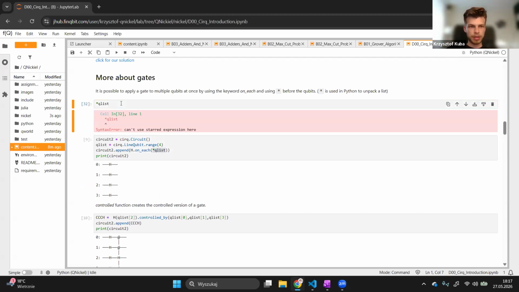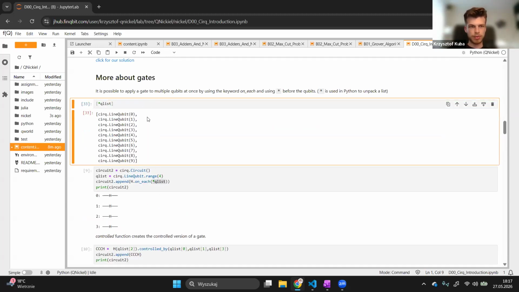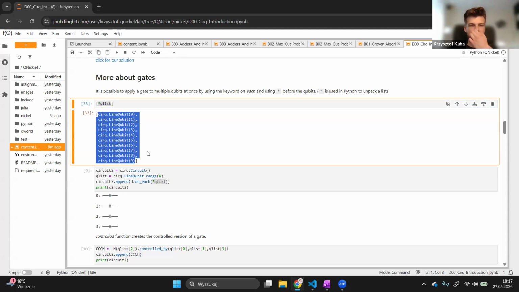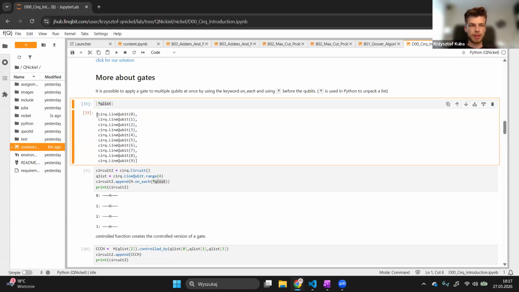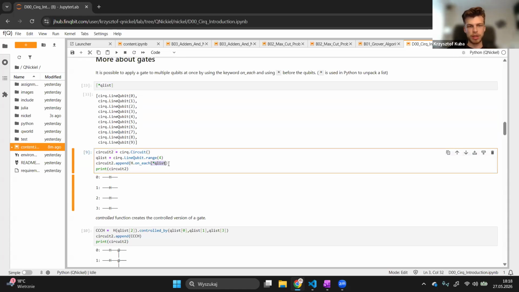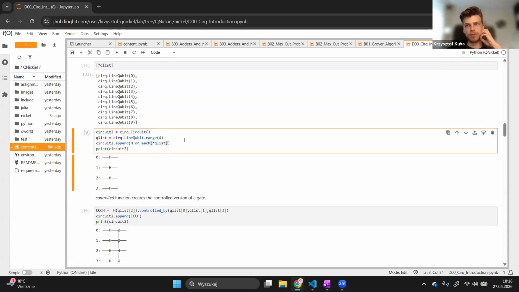If I do this, it is actually not very helpful because this is also a list. But if I first print the star, then you can see that this returns the elements of that list, and then I pack it again in a list. But here this goes as an argument of this on each command.